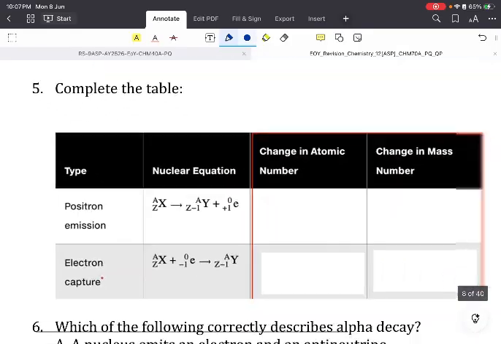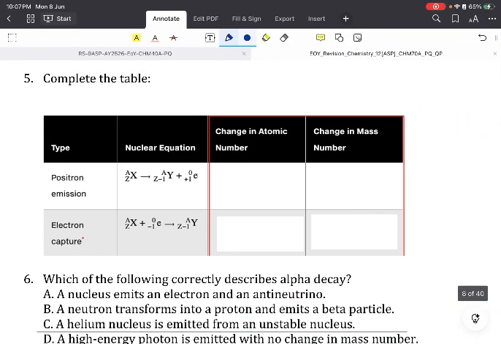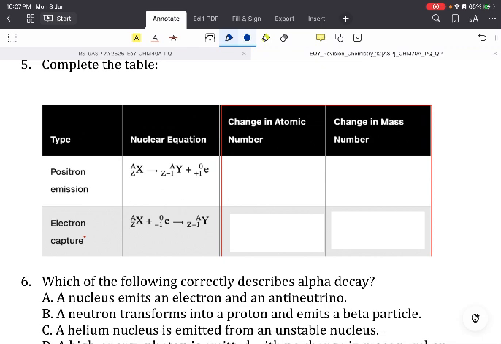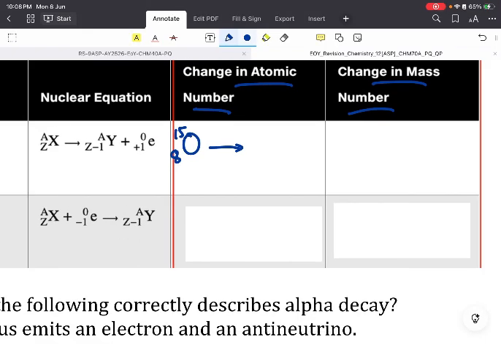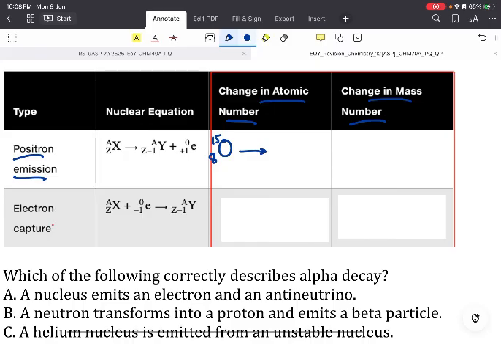Now, moving on. Complete the table. Nuclear equation showing a positron emission. What's going to happen in the atomic number and in the change of mass? I'm going to give you an example just to make this clear. Let's say, for example, I have oxygen with 15 as a mass number and 8 as atomic number, and it's going to emit a positron.